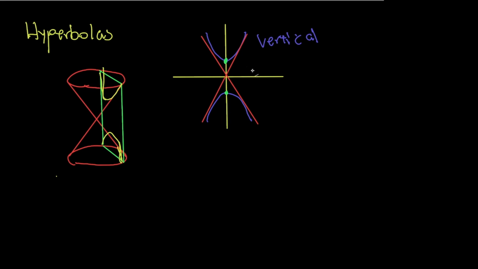So those are the asymptotes. And the point where the asymptotes intersect, right in the middle here, that's the center of the hyperbola.